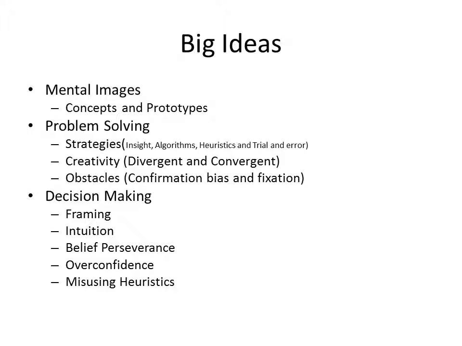Under problem solving, we talked about all the different strategies, how creativity can impact problem solving, and the different obstacles somebody can come into when they're trying to solve problems. And then the last one is decision making. When you're finally making a decision, these are some of the 5 areas that can impact your decision. So to wrap this up, I would probably draw a nice hierarchy of how all of this information lays out.